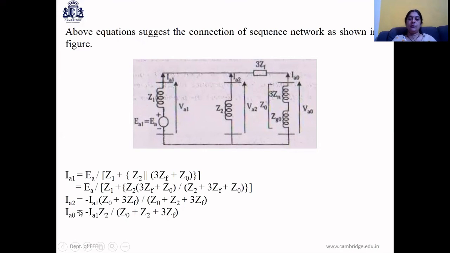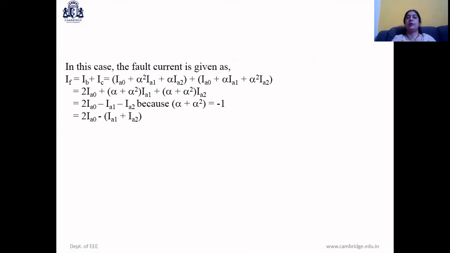Similarly, IA2 is the total current IA1 into the impedance of the other branch, that is Z0 plus 3 ZF, divided by the total impedance Z2 plus 3 ZF plus Z0. IA0 will be equal to the total current IA1 into the opposite impedance divided by the total impedance Z0 plus Z2 plus 3 ZF. In this case, the fault current is given by IB plus IC.